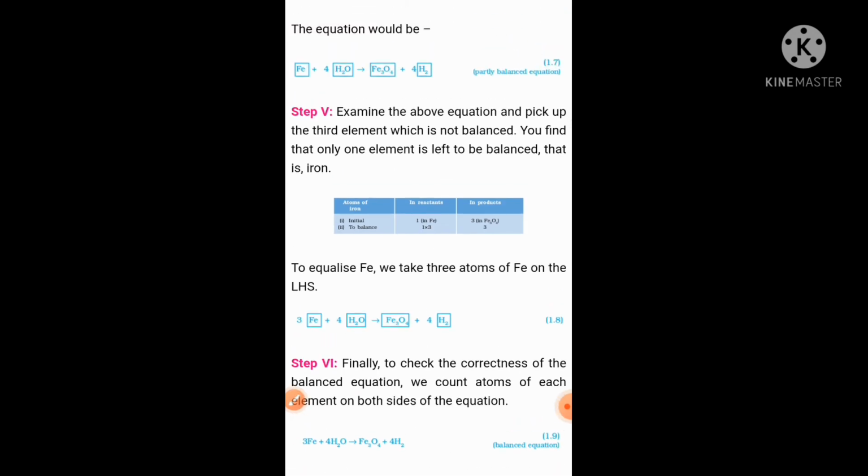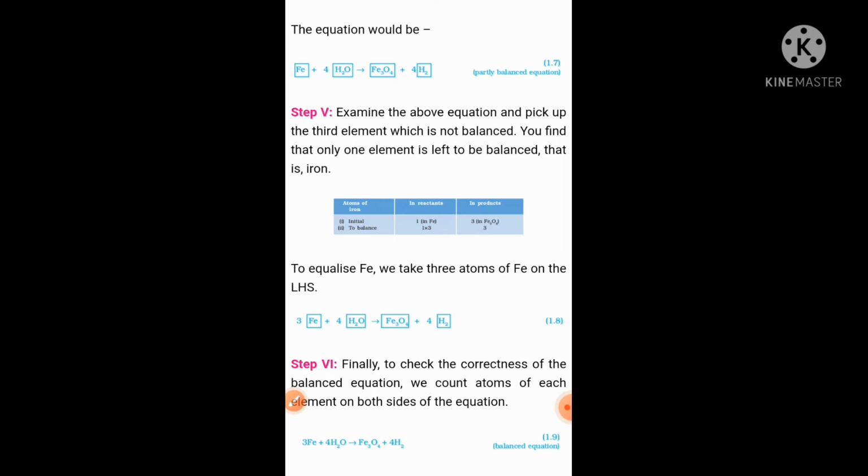Now see how to make a chemical reaction more informative. Okay, informative means what? By seeing the reaction, we get information, meaning what type of reaction is going on. Okay, so first is the physical state of chemical species.